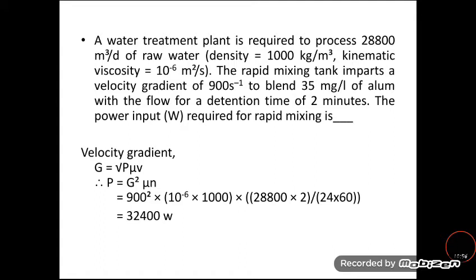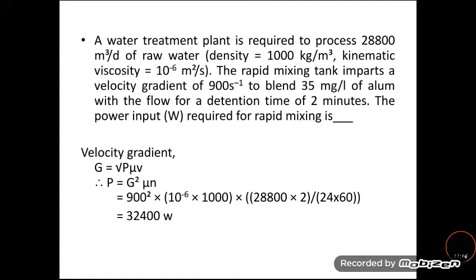Here is a solved problem. A water treatment plant is required to process 28,800 meter cube per day of raw water. The density is given as 1000 kilogram per meter cube, and the kinematic viscosity as 10 to the power of minus 6 square meter per second.